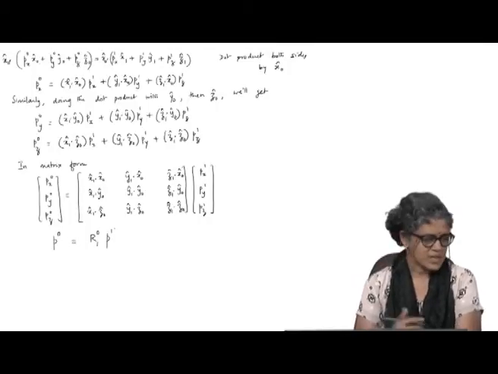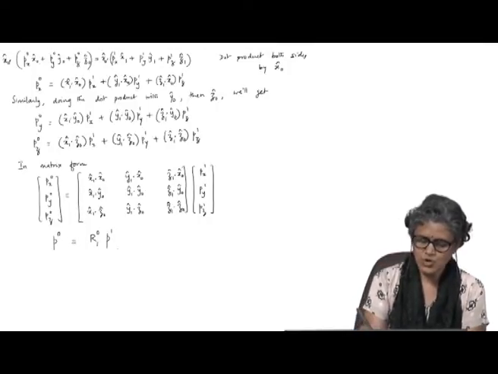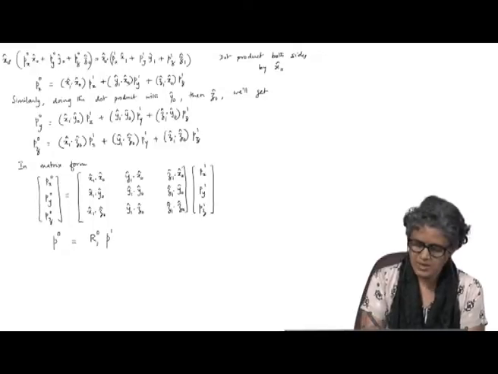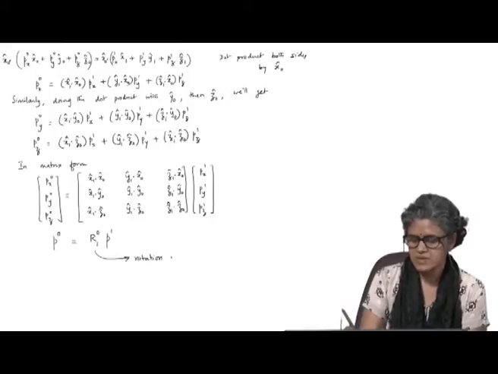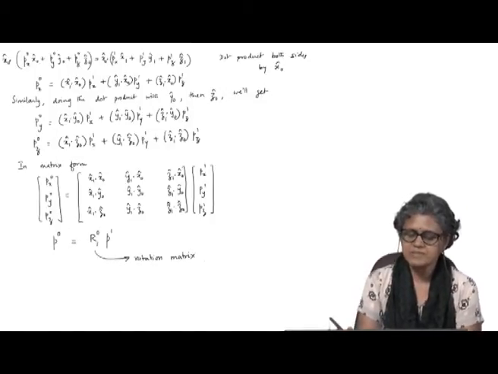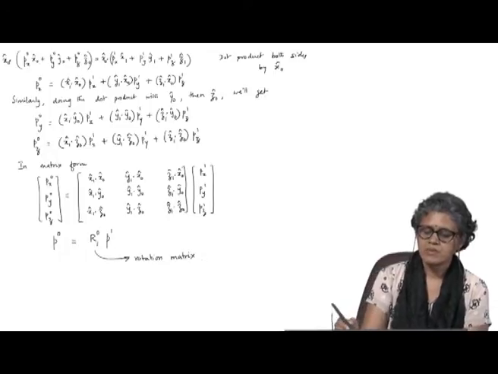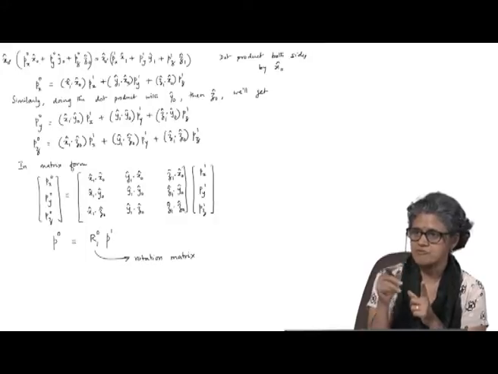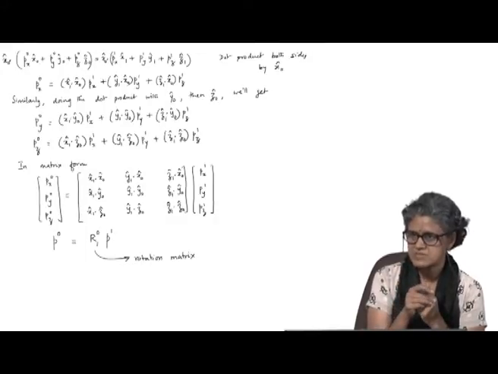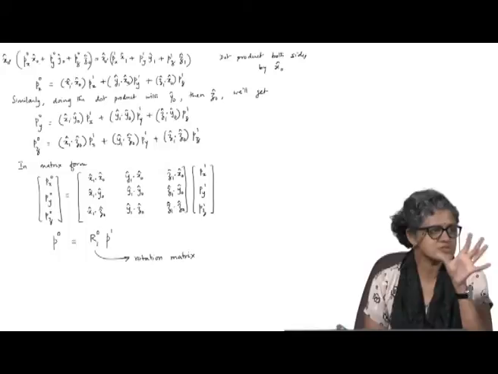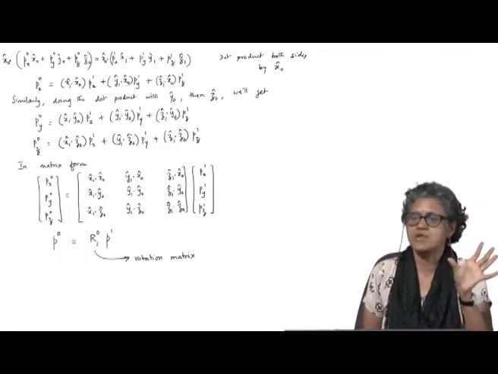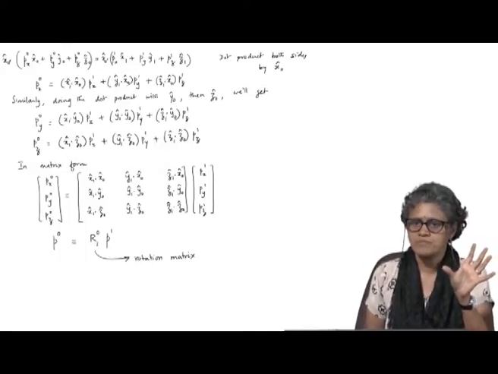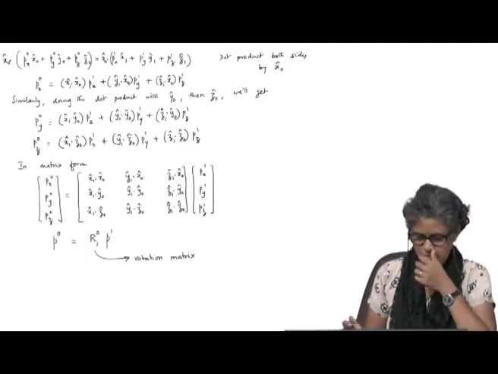Okay. This matrix here is called a rotation matrix. It relates the orientation of the frame x1, y1, z1. It shows how frame 1 is rotated with respect to frame 0.